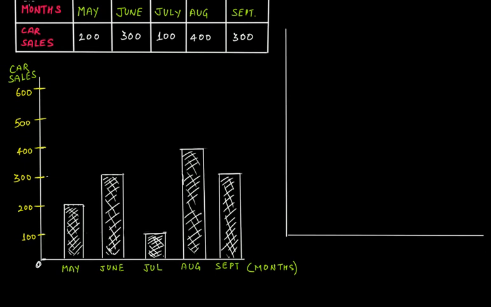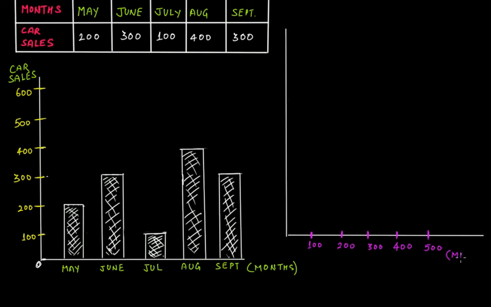So this is 100, this is 200, this is 300, this is 400, this is 500. I'm just stopping at 500 because our data requires only up to 400, and I'll write months here.